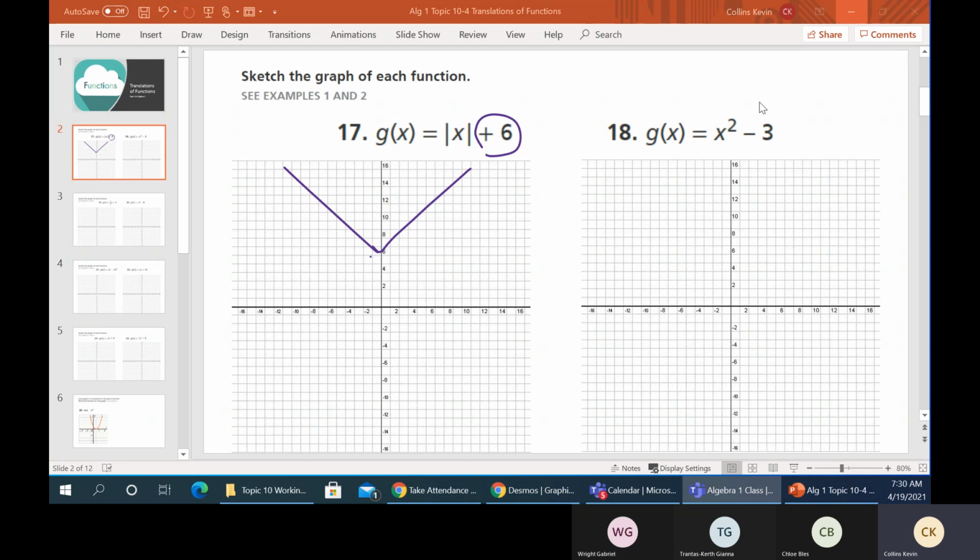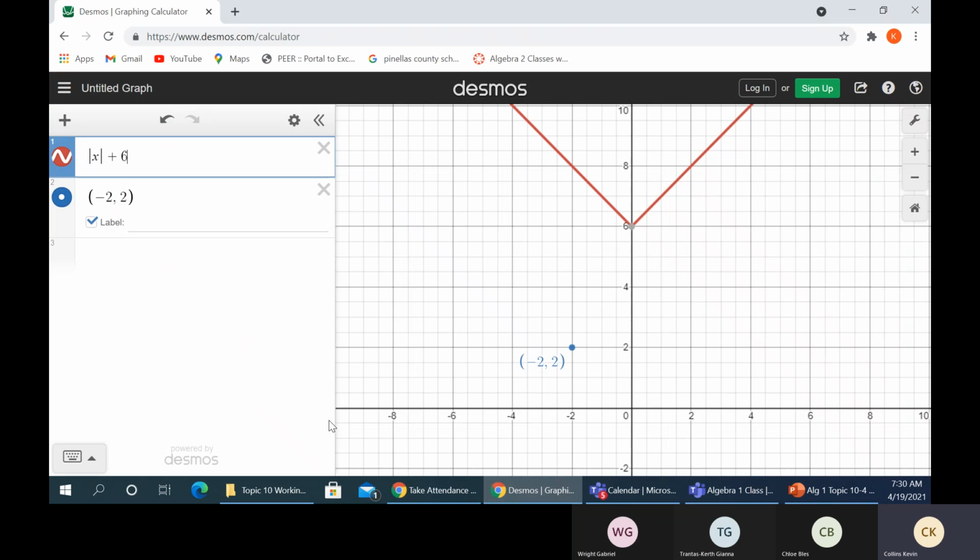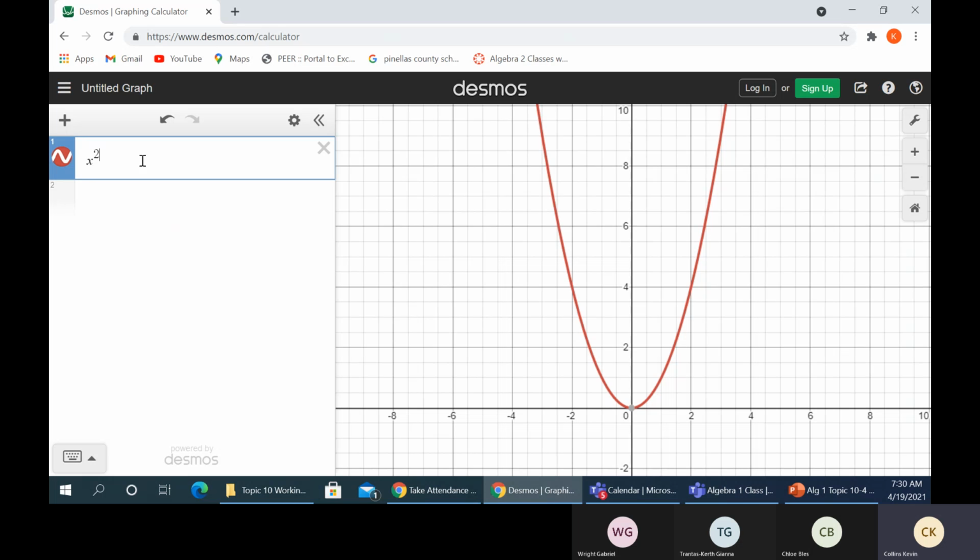Yeah. So same thing. Let's go back to Desmos for a second. This time let's do x squared. So get rid of this, and this one is going to be x. Okay, so there's our U shape, and same deal. The absolute value had bottomed out at 0, 0, and so does the x squared, because these are both positive.